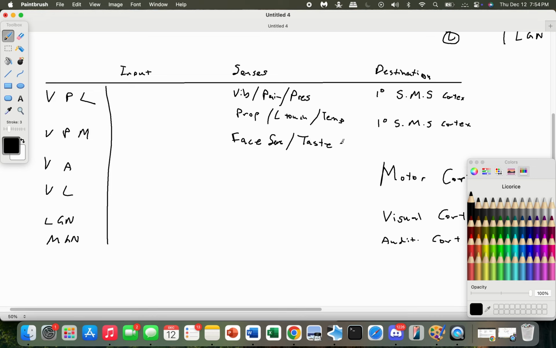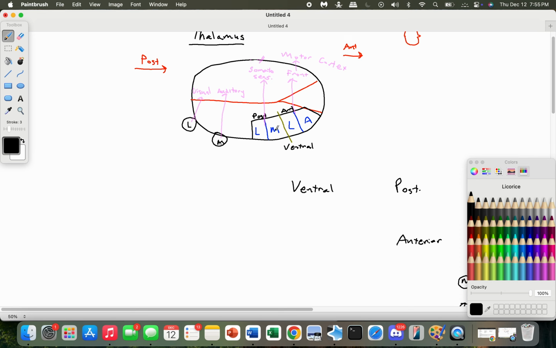Okay, you might be asking, well, if the VPL and the VPM both go to the somatosensory cortex and all of these are senses, how do I know the difference between face sense slash taste and the rest of them? Well, if we look at where the medial nucleus of the posterior ventral group is, this is kind of in the midline, right?